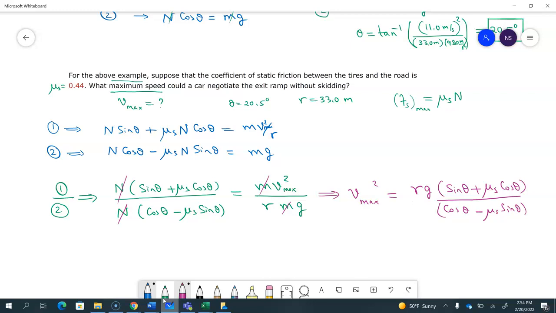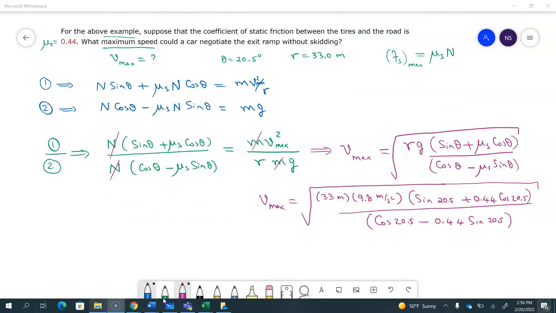That's Vmax squared, or if you want just Vmax, you can say Vmax is the square root of that. So this is the square root of all of this. Now if you substitute all the numbers in it and calculate it, it should give you the speed, which comes out to be 17.8 meters per second. Okay.